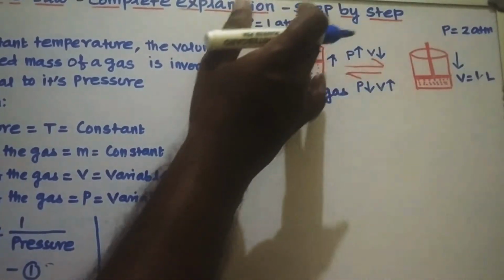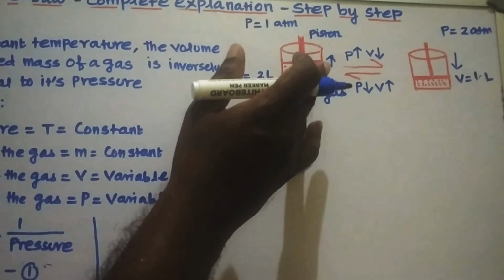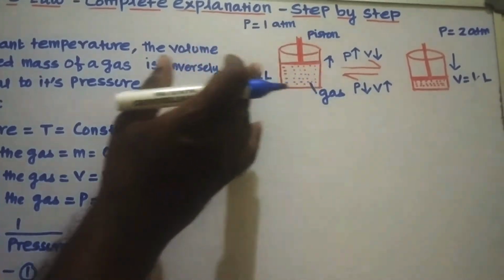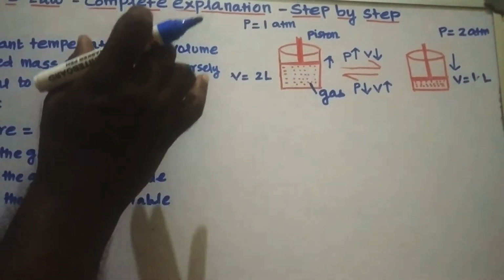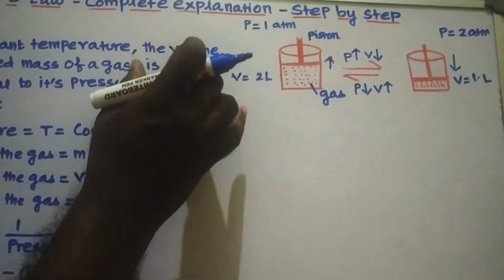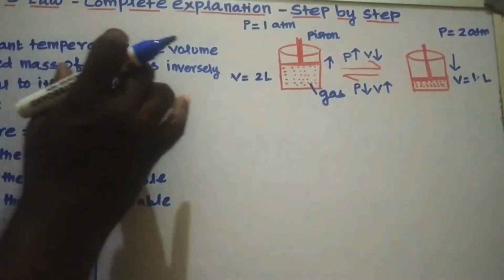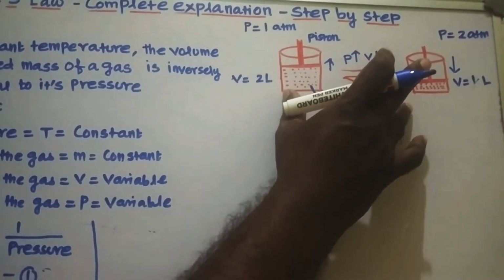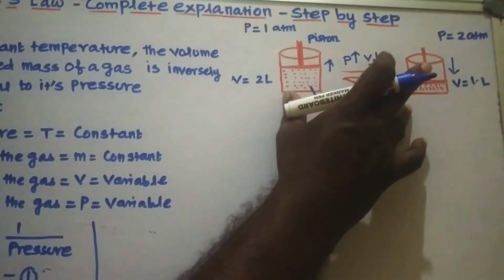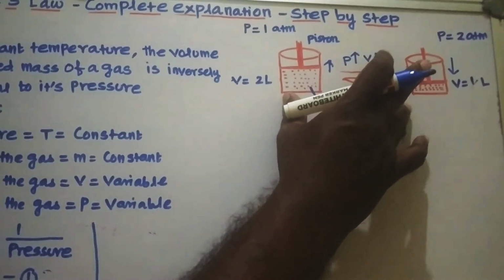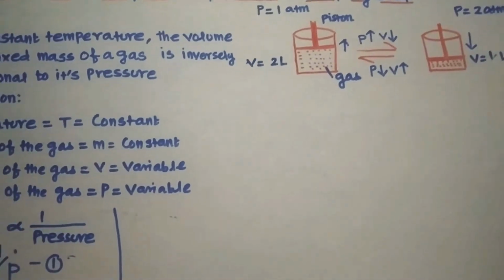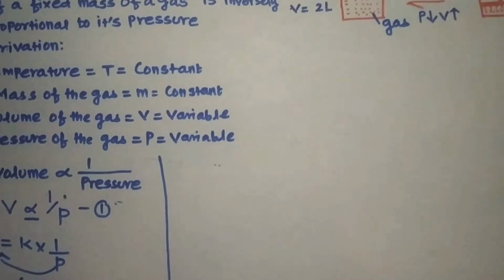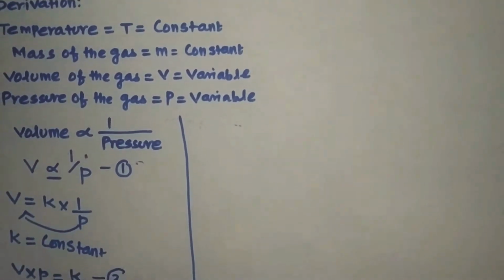So by observing these two figures, we know that the volume of the given mass of the gas is inversely proportional to its pressure. So, by using this simple diagrammatic explanation, we are going to derive another relation. Here V into P is equal to K, that is equation number 2.